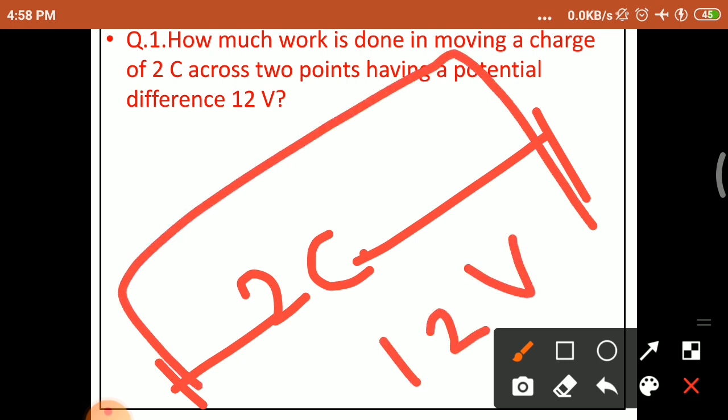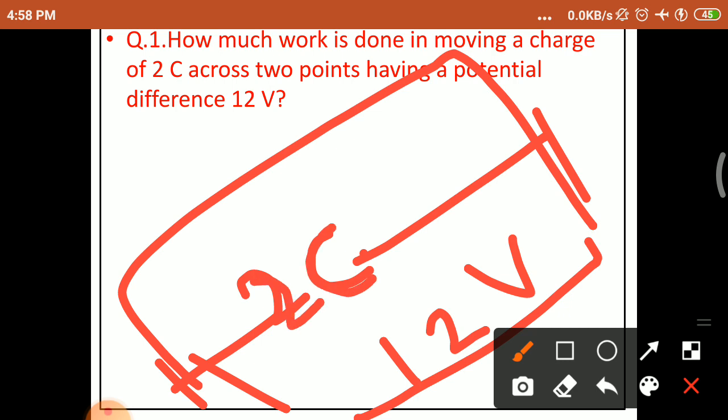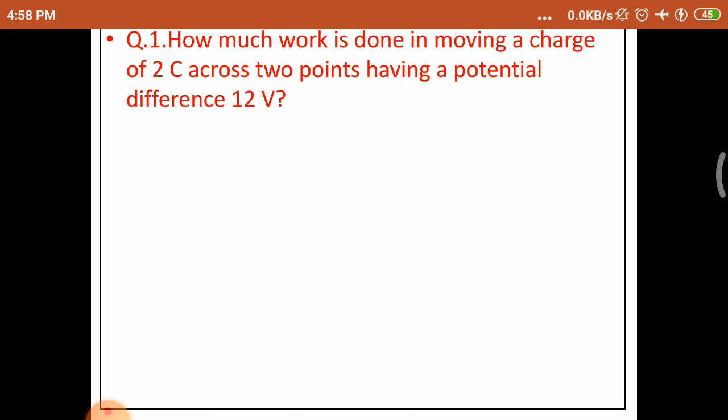So how much work is done in moving a charge of 2 coulomb across 2 points having a potential difference of 12 volt?